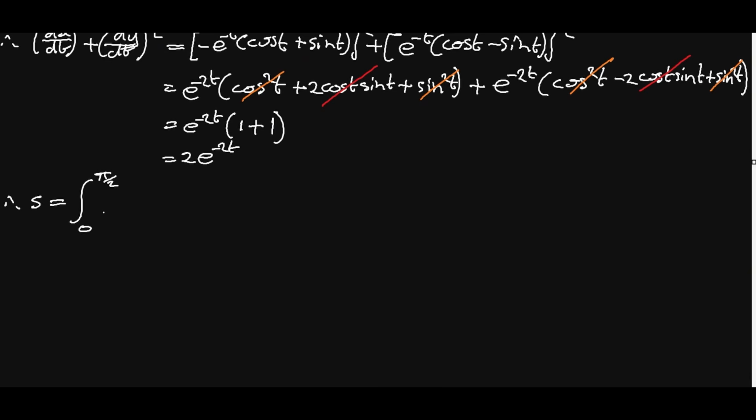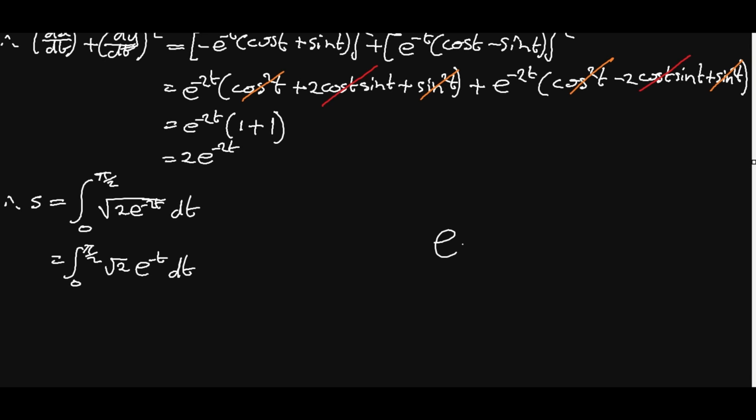There is nothing much inside it. It's just 2e raised to minus 2t. This is equal to the integral from 0 to pi over 2. We have a square root 2 here, which is a constant, times e raised to minus t dt.